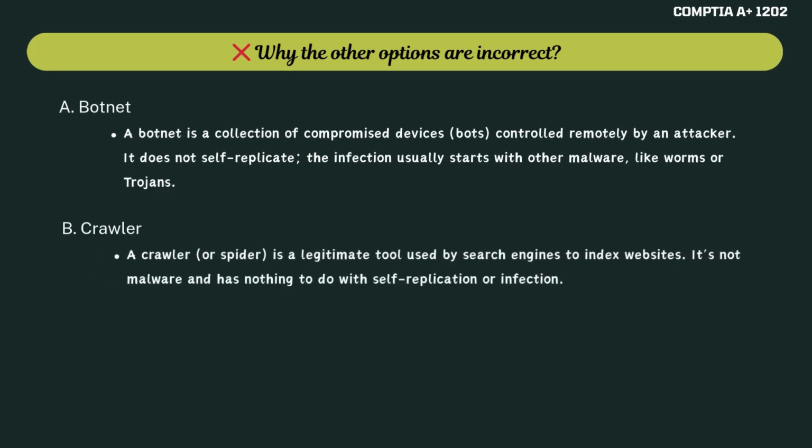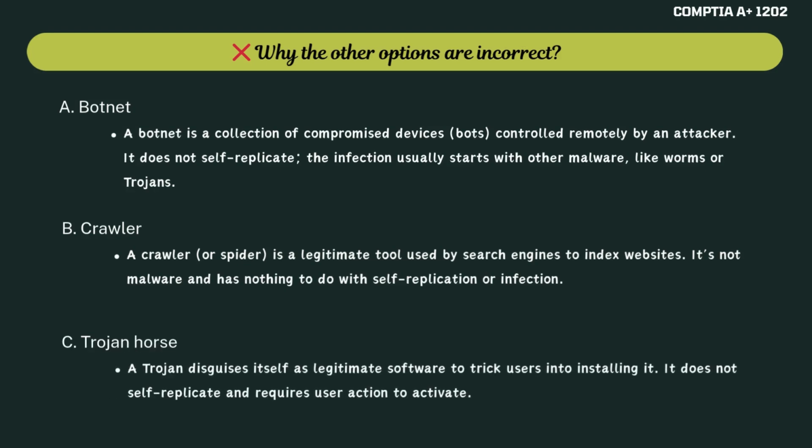A crawler, or spider, is a legitimate tool used by search engines to index websites. It's not malware and has nothing to do with self-replication or infection. C. Trojan horse. A Trojan disguises itself as legitimate software to trick users into installing it. It does not self-replicate and requires user action to activate.